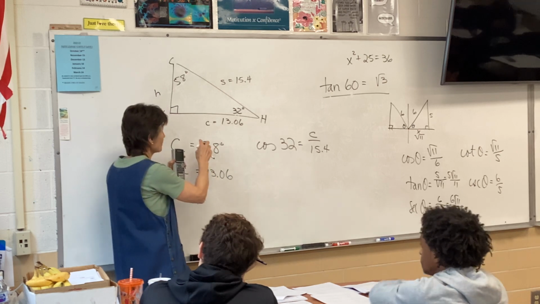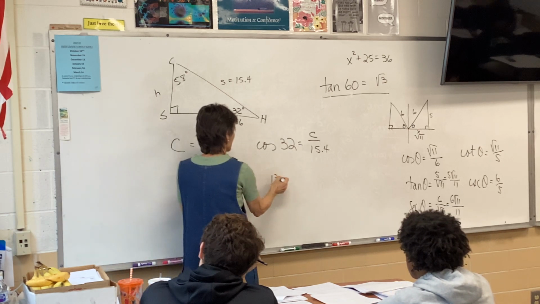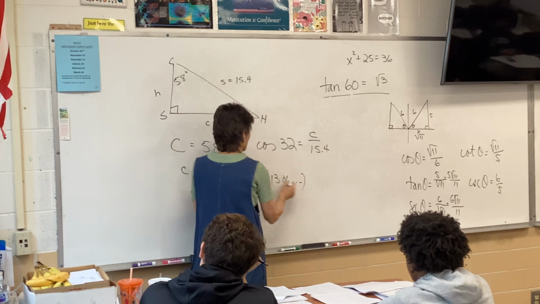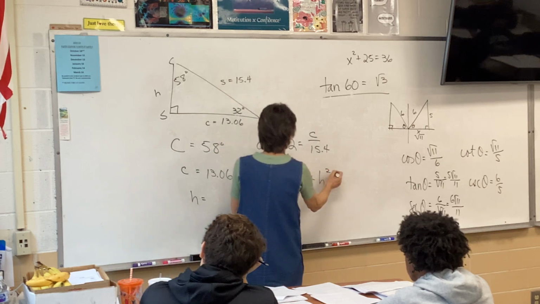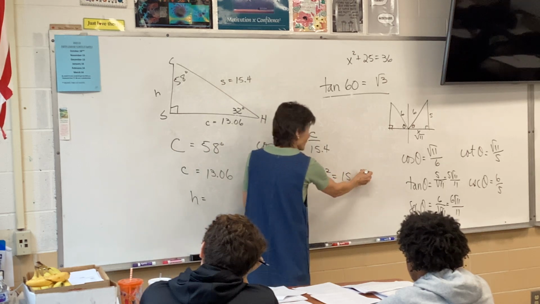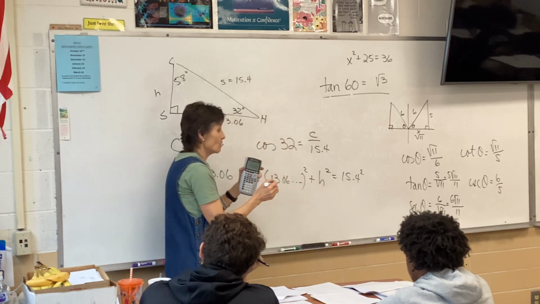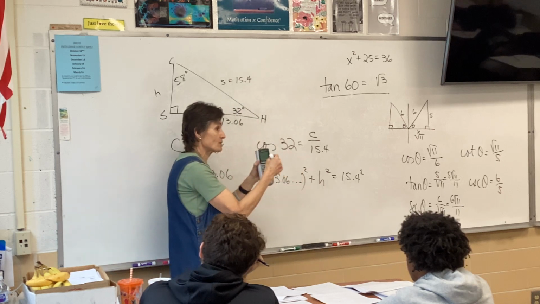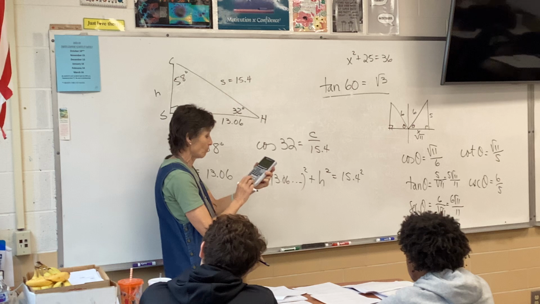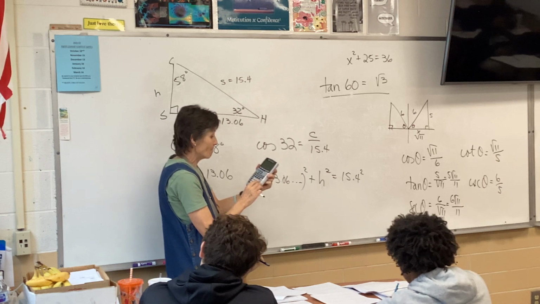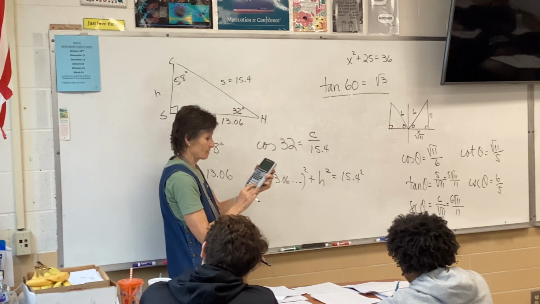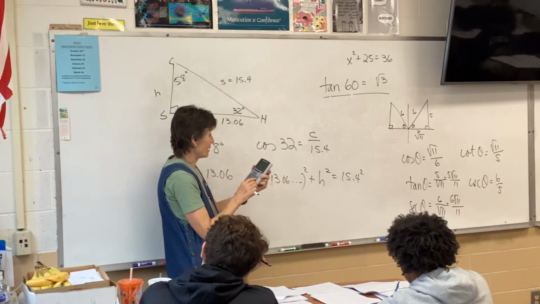So the Pythagorean theorem would say that 13.06 squared plus h squared equals 15.4 squared. When you square that, I want you to square this right here. So I'm gonna take 15.4 squared minus second answer squared. And then I'll square root that.